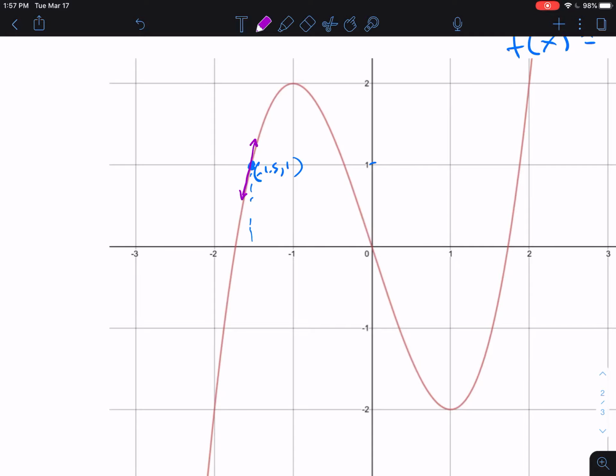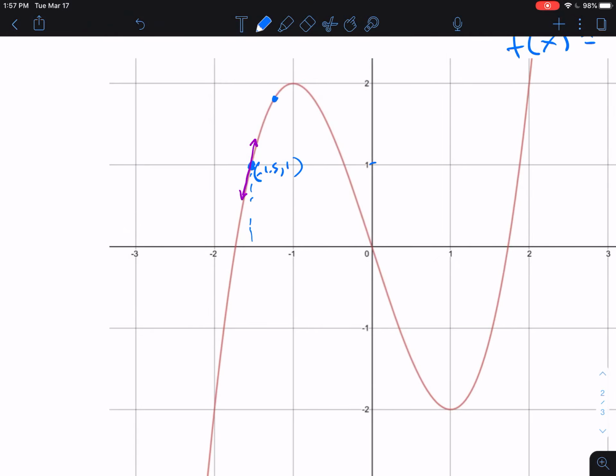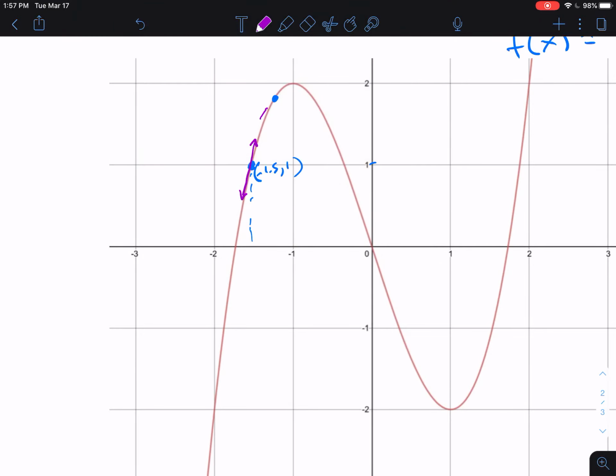And let's look at another point on the graph. Let's look at this point here, and let's draw the slope of the tangent line. If you remember from algebra, if the line goes from low to high, looking at it this way, this means the slope is positive.